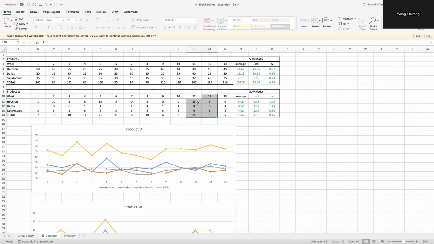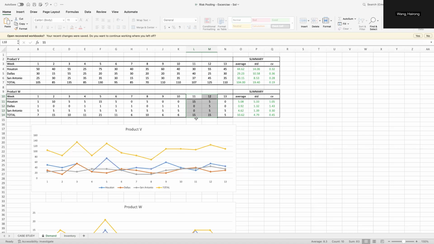We can see that if we have a centralized warehouse, then the demand does not change from week 11 to 12, right? Which means the variability equals 0. However, if we focus on the localized warehouses, we can see quite large changes in all 3 locations.